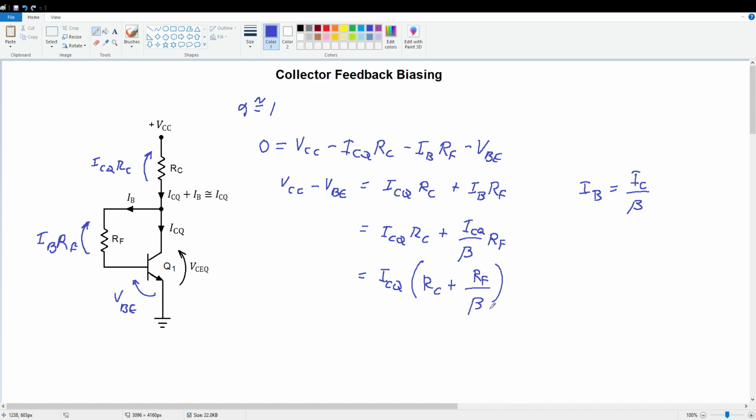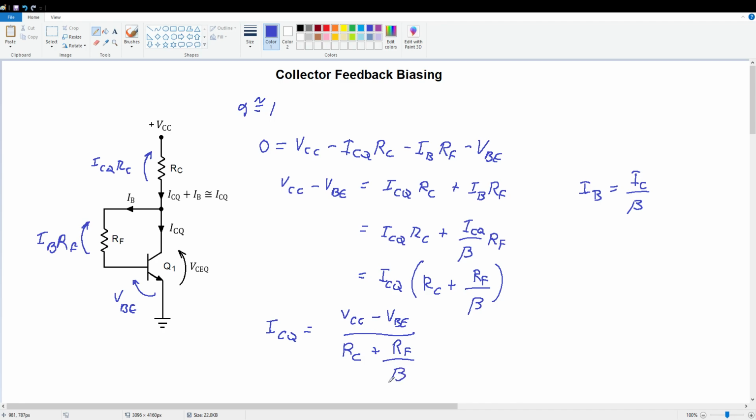Finally, dividing both sides by the factor in parentheses, we get the equation for ICQ. So ICQ equals VCC minus VBE divided by RC plus RF over beta.